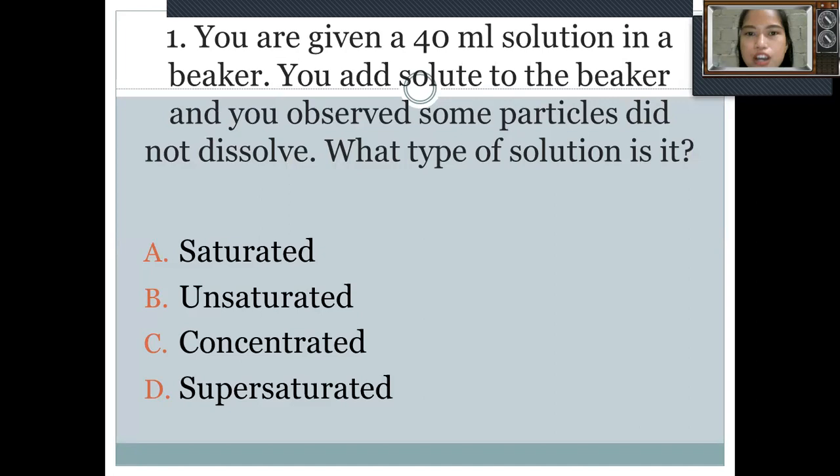What type of solution is it? Choices are A, saturated, B, unsaturated, C, concentrated, D, supersaturated. So 5, 4, 3, 2, 1. If your answer is saturated, then you got it right.